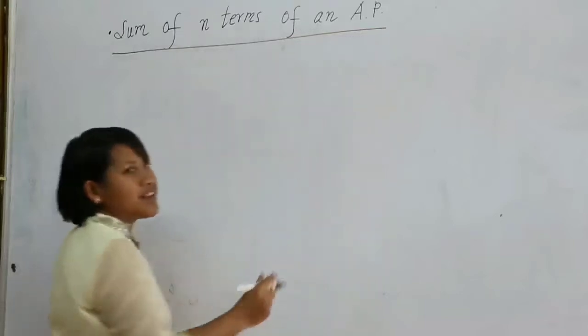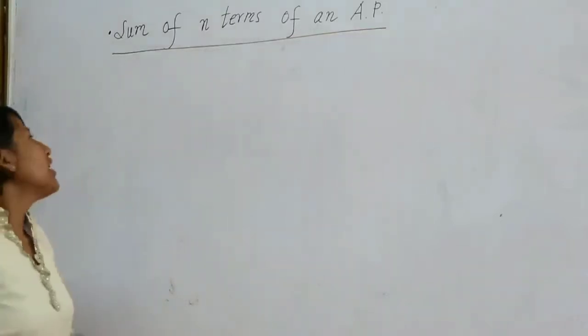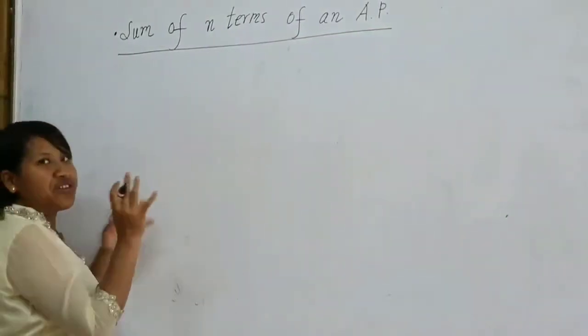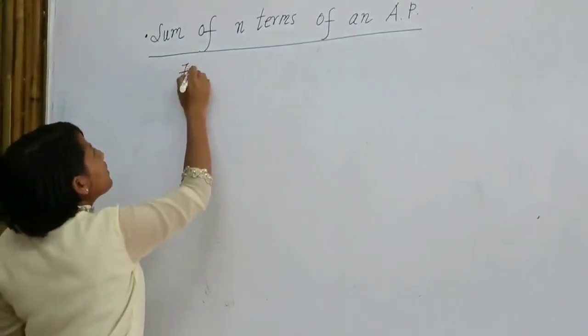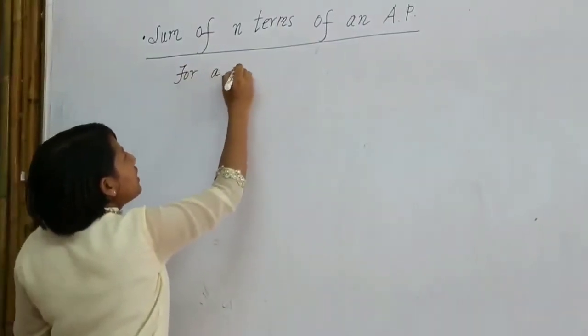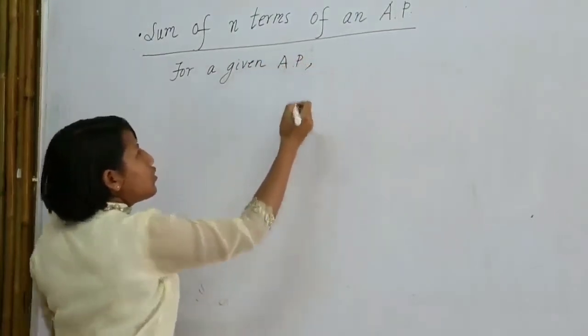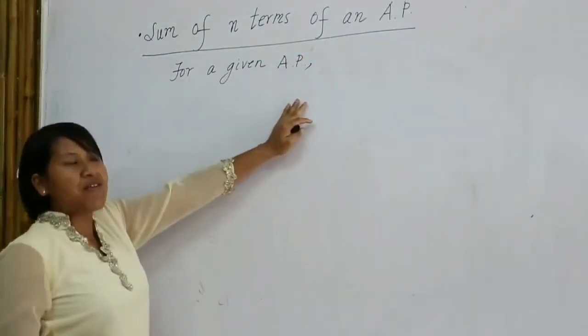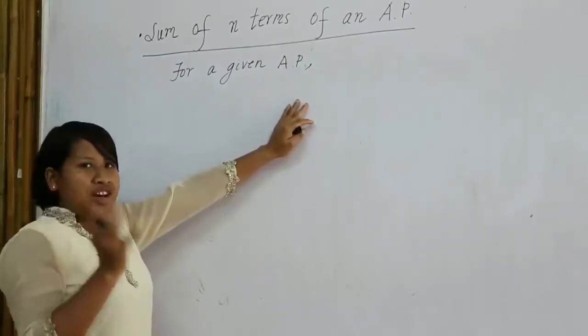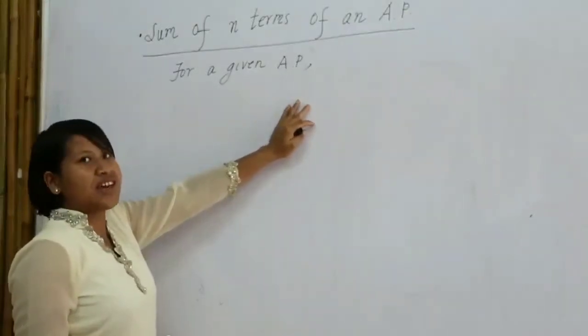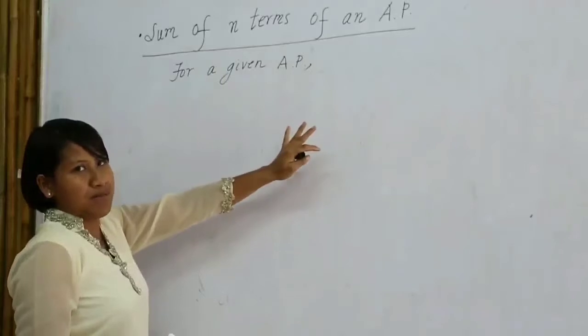The sum of n terms of an AP. Let's take a general AP, means any AP. You know that in AP I've always told you, first term, common difference, that has to be always kept in mind.